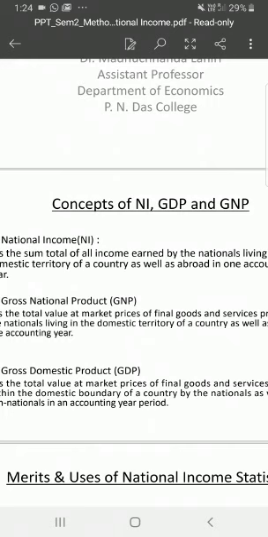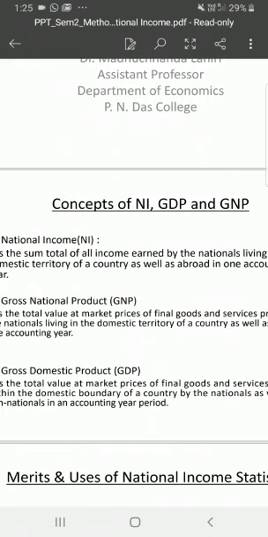For example, for GNP to NNP, we subtract depreciation from GNP to get NNP. We subtract depreciation from GDP to get NDP. We subtract depreciation from GNP MP to get NNP MP. So there are numerous combinations that are possible, but we have to understand the movement, or how to go from one concept to another.